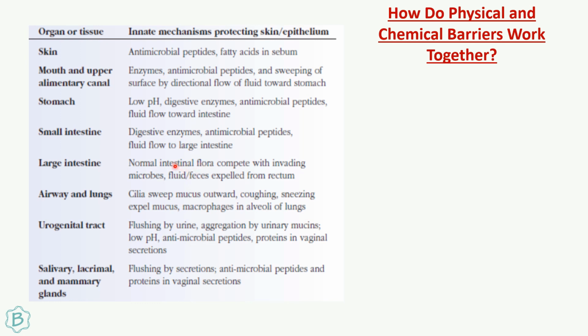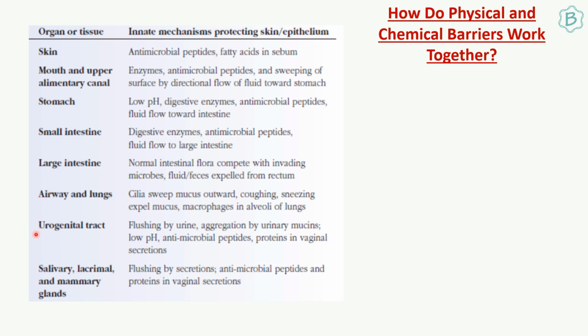Also, any toxins are released from the large intestine in the form of feces. Then the airways and lungs have ciliated epithelial cells, and because of the movement of cilia and because of coughing and sneezing as well, the mucus containing pathogens is expelled out of your body.